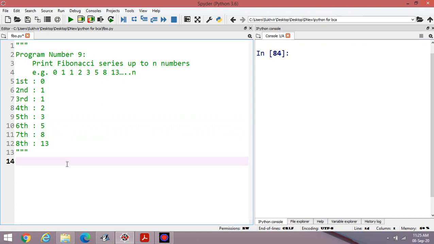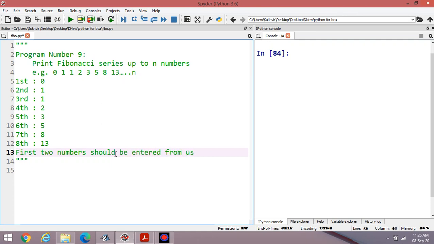Now look at the combination. First one is 0, second is 1. In Fibonacci series, the first two numbers should be entered from the user side. This one is required.